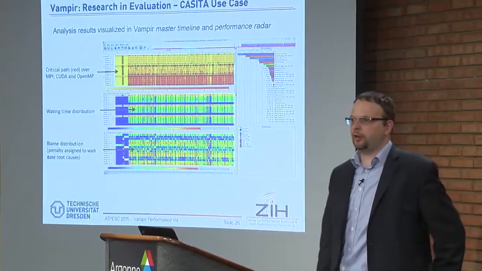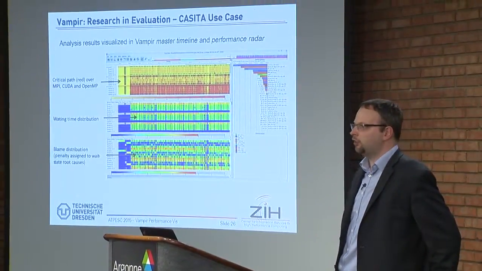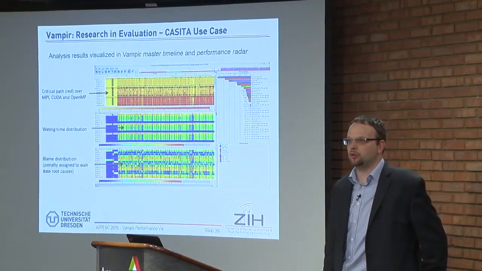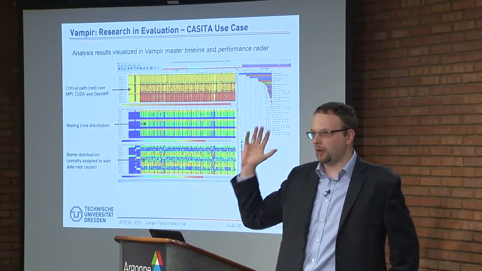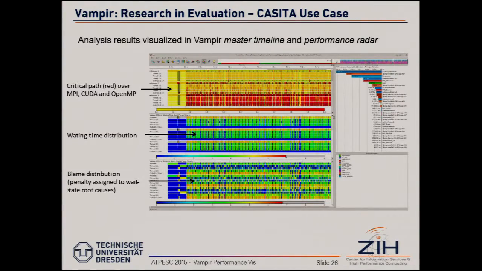It generates a critical path over your whole application, no matter what the application is doing. So it doesn't care if you do MPI, OpenMP, pthreads, CUDA, OpenCL, whatever. We've written rules for all this, so that it will generate the critical path for you. And then in this case, this is the red overlay.